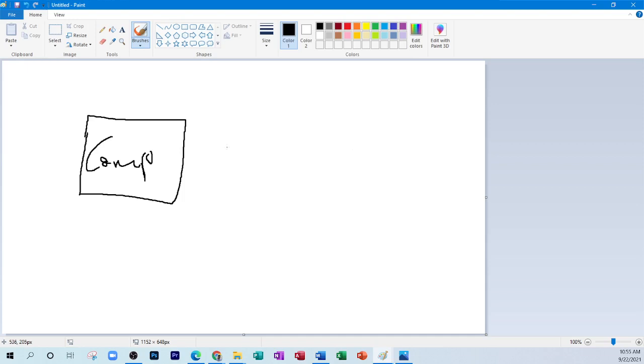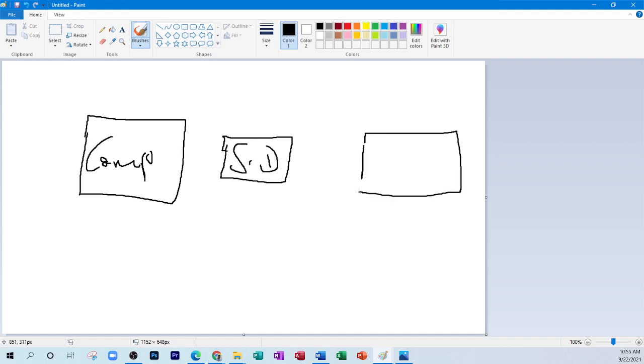You're going to have a storage device, and then you're going to have your storage media. So the storage media has to go through the storage device, and then the storage device communicates with the computer.